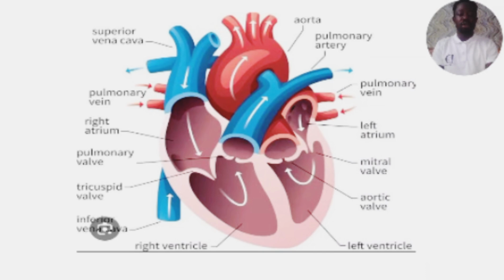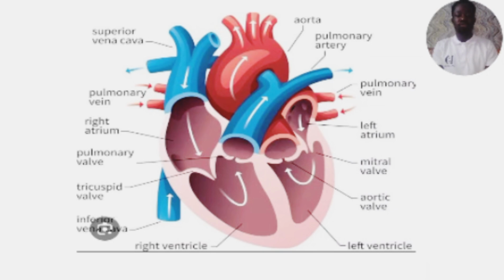The blood is going to enter the right atrium, and the superior vena cava is going to take blood from the upper part of the body into the right atrium, and the inferior vena cava is going to take blood from the lower part of the body to the right atrium.